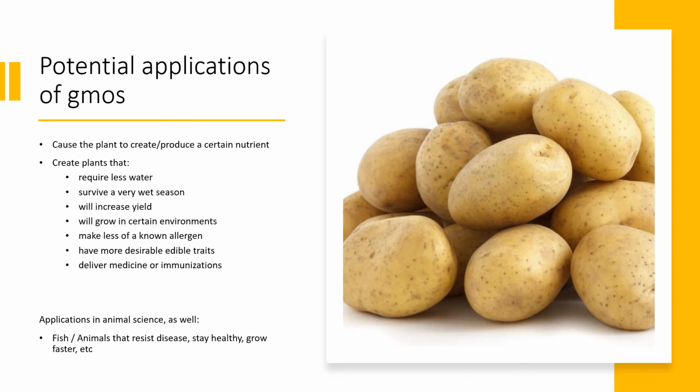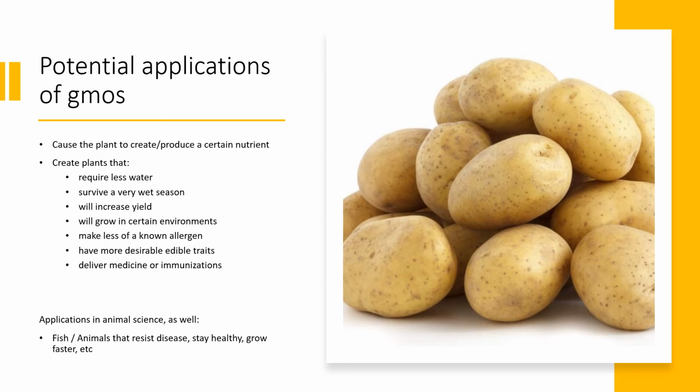The application of GMO technology can be used to help us with a lot of problems that we currently have in producing enough food, producing healthy food for a growing population. We can use GMO technology to create a plant that produces a certain nutrient, as in the case of golden rice. Here I have a picture of a GMO potato that was developed.